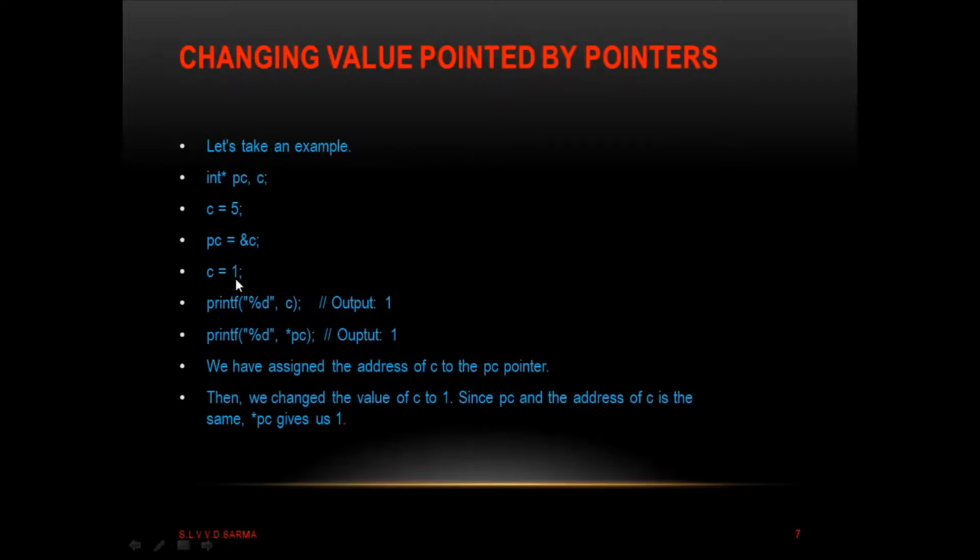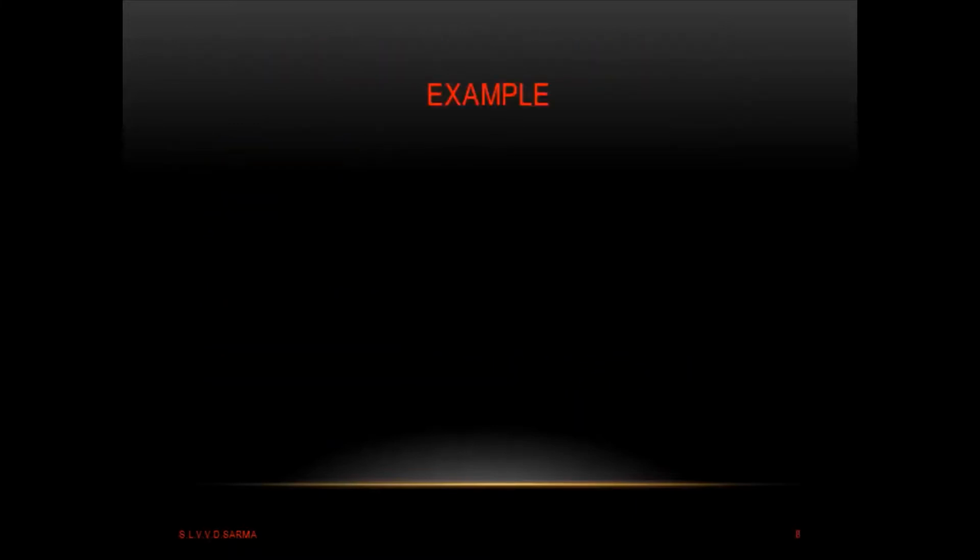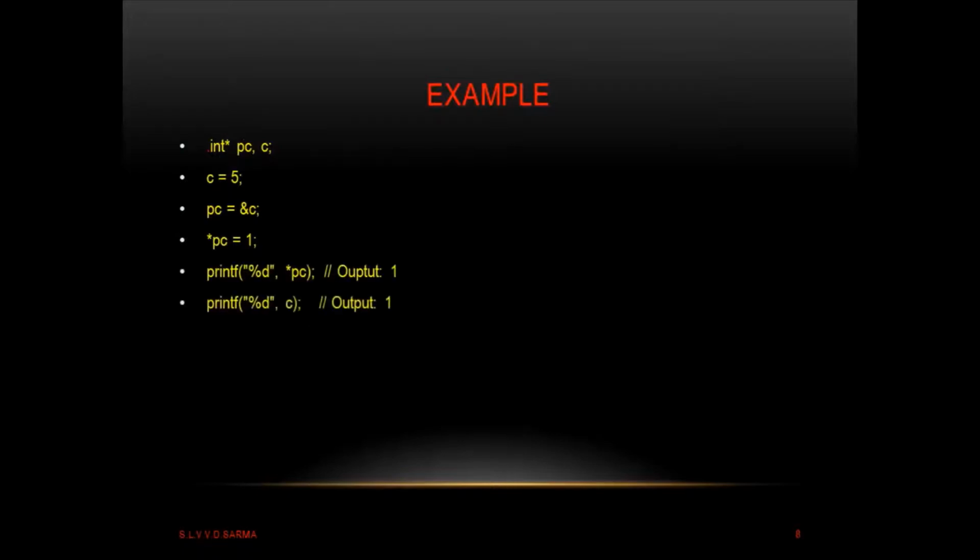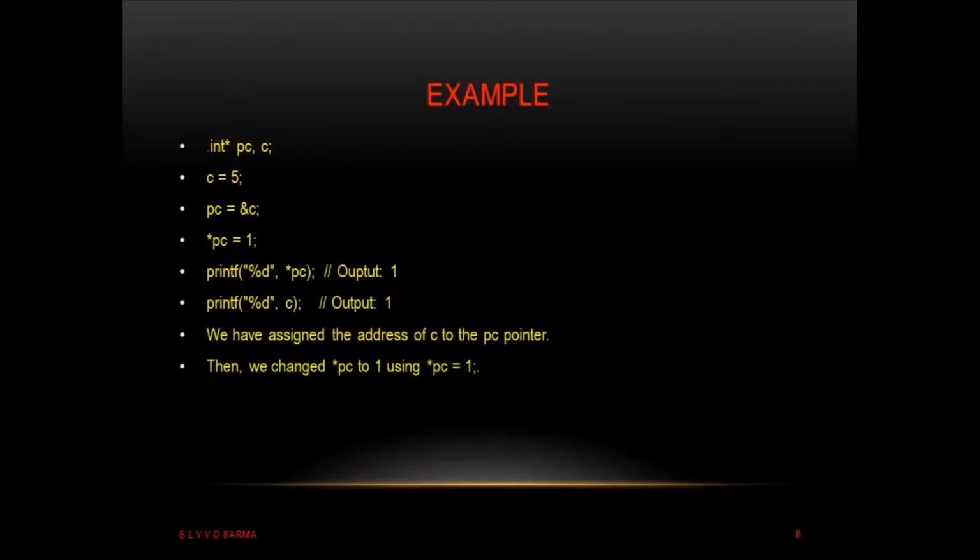Indirectly we access the C value. Now here we have to observe that indirectly I'm going to change the C value. In the previous example, I changed the C value directly by C equal to 1.